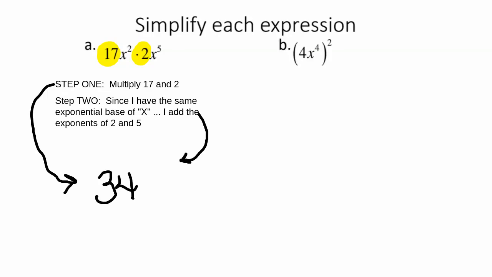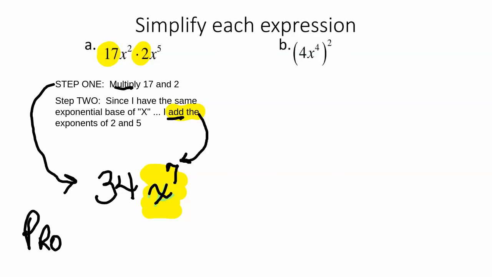I add the exponents to get here, which is x to the 7th. I multiply the numbers. I add the exponents. This is your product rule.